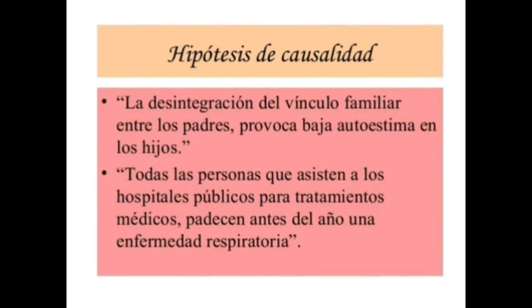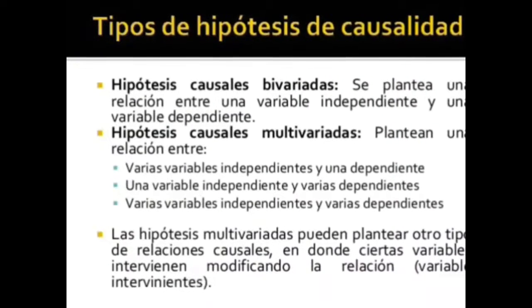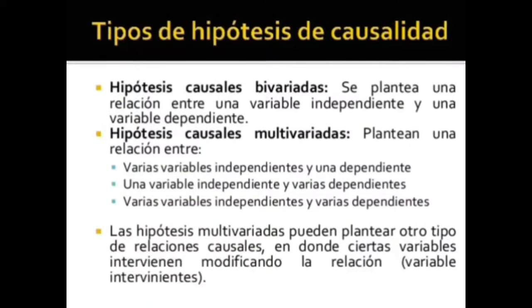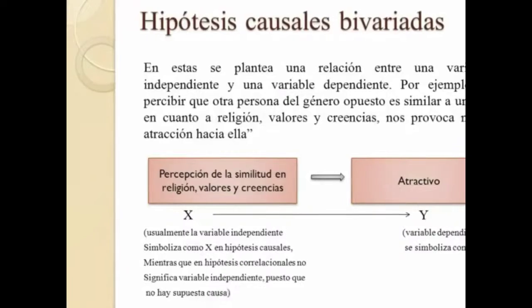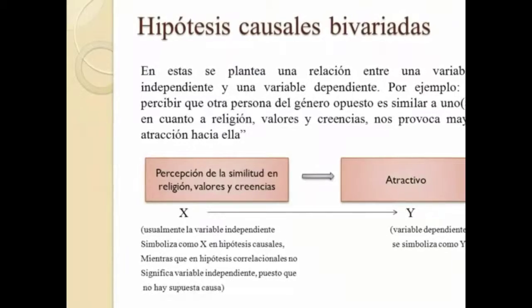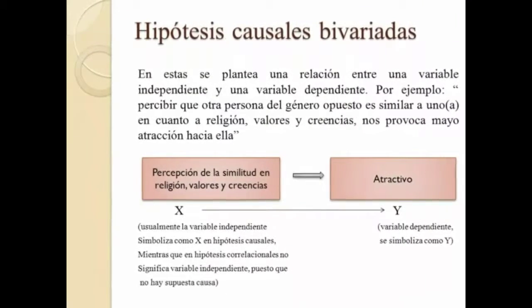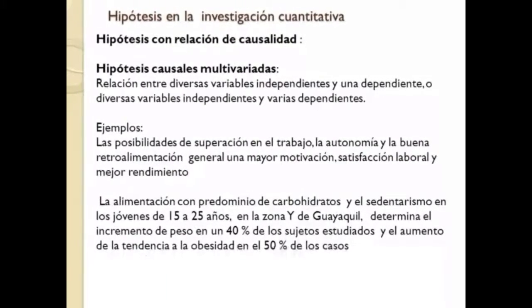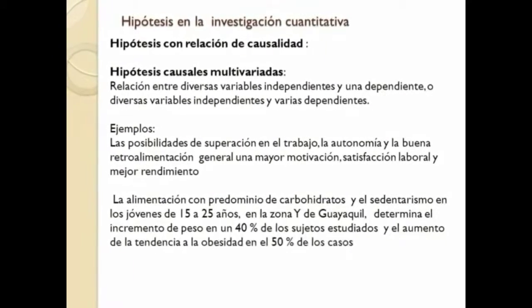B. Multivariable causal hypothesis. They propose a relation between several independent variables and a dependent variable, or one independent and several dependent variables, or several independent variables and several dependent variables.